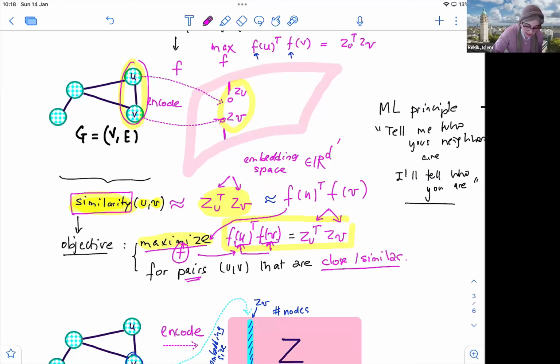Whatever similarity measure we use here, we need to predefine it, because we want to preserve this value. And to be able to preserve this value, we need to define how to calculate the similarity between each pair of nodes, all right?